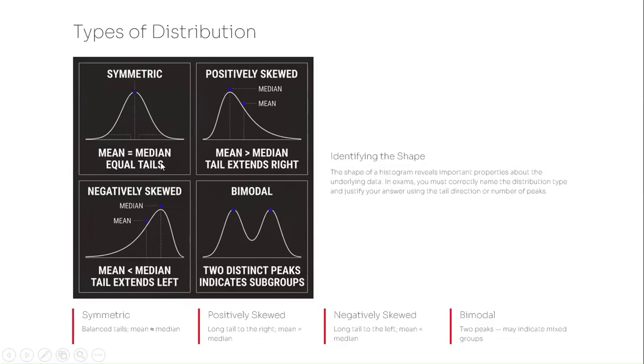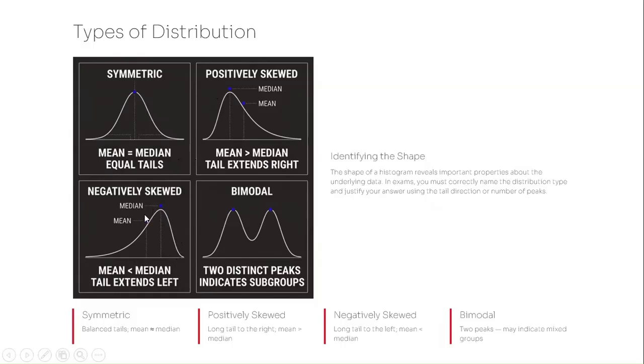There are four main shapes or types of distribution. First one, symmetric, where the mean equals the median and there are equal tails. Next is positively skewed, where the mean is greater than the median and it is a right-tailed distribution.